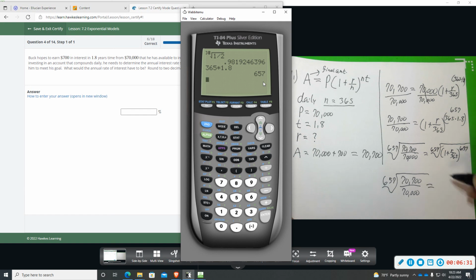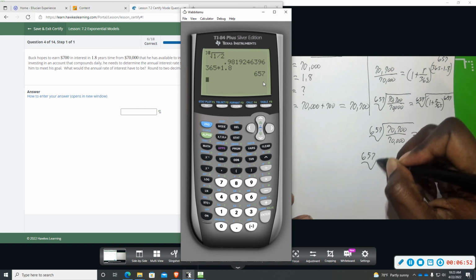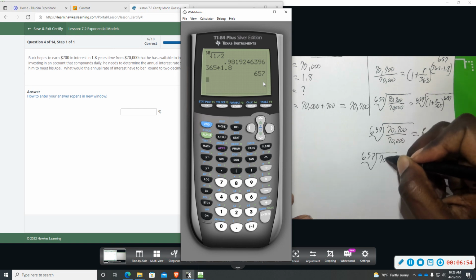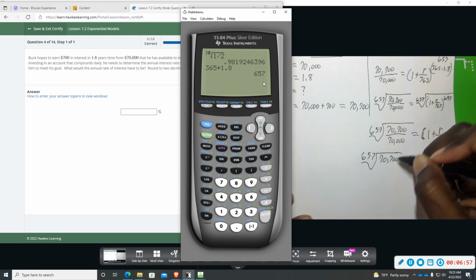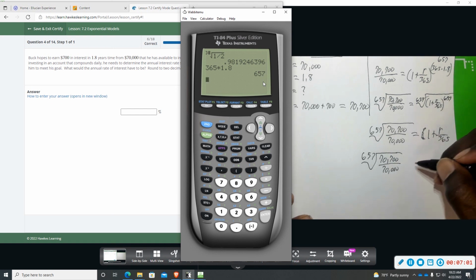This is going to be equal to just, and I don't really need the parentheses anymore, 1 plus r divided by 365. Alright, now we've got to subtract 1, so that's going to give me the 657 root of 70,700 over 70,000, and then minus 1.